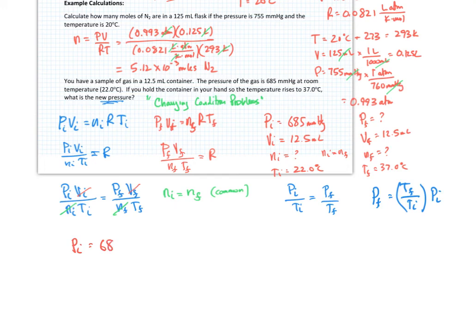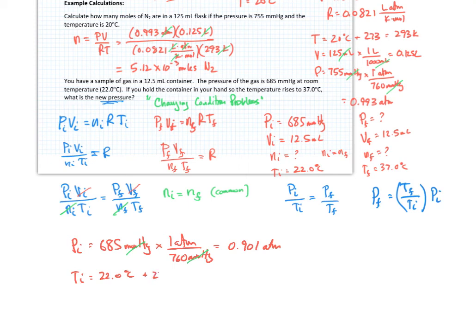So it's going to equal 685 millimeters of mercury times 1 atmosphere per 760 millimeters of mercury. That is going to cancel that, and we are going to get 0.901 atmospheres.